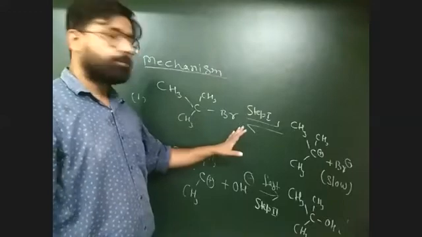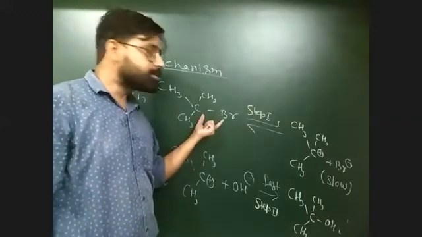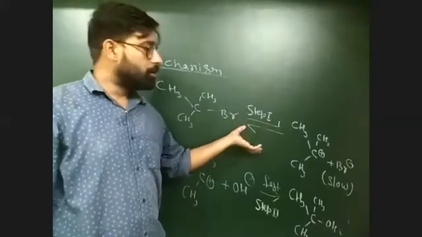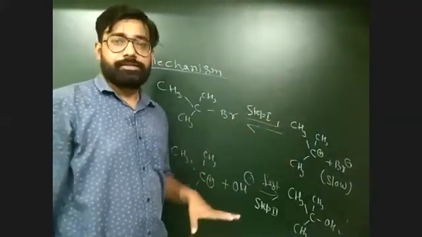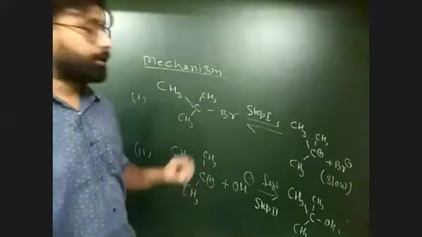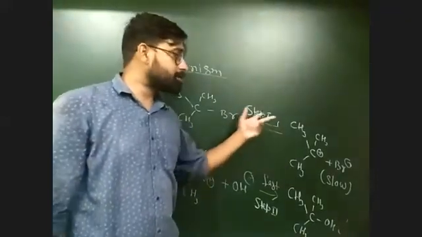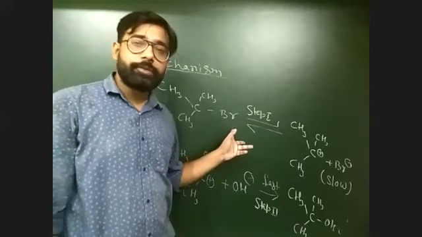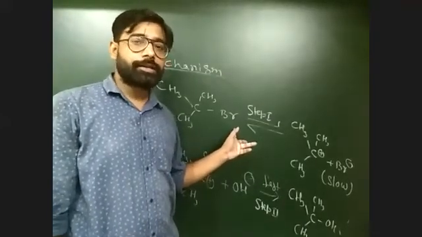Step one, first of all, is breaking the C-Br bond, and that is slow. The rate determining step is step one, because we know that the slow step is the rate determining step.